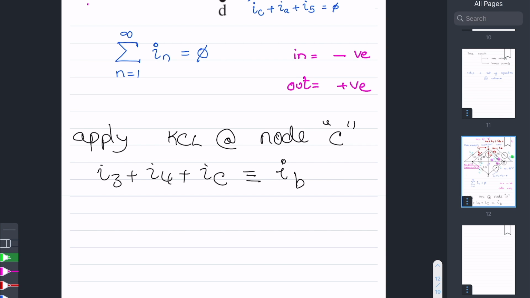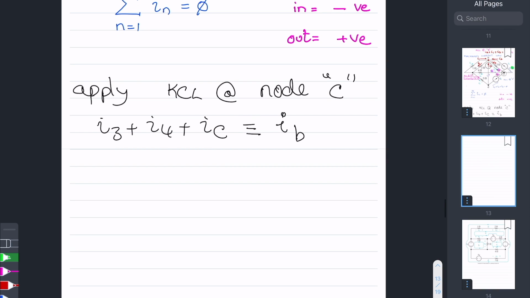Again, there are two ways to apply Kirchhoff's current law. One is to use the sign convention: treat all the currents that are entering as negative and all the currents that are leaving a node as positive. That is exactly the same.